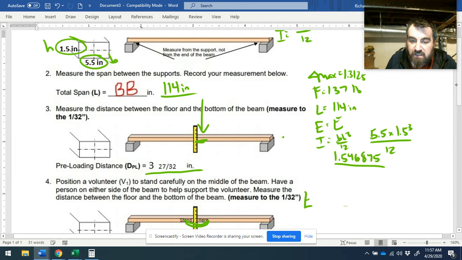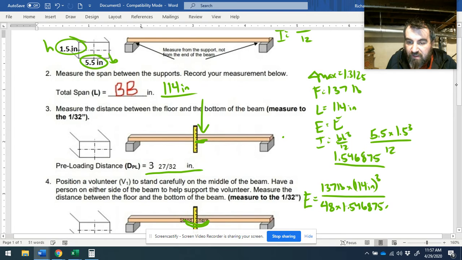Okay, so E equals F, so 137 pounds, times L, 114 inches to the third, so this is all to the third, divided by 48 times, excuse me, not E, times I, 1.54687 times delta max 1.3125, right?